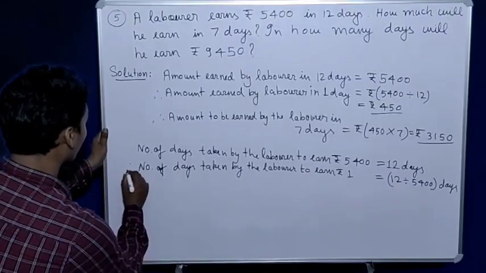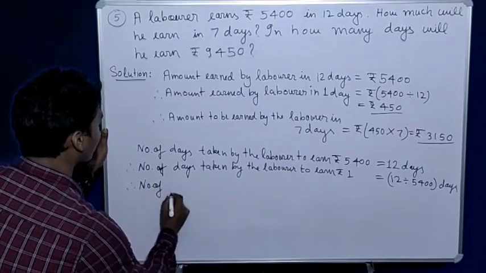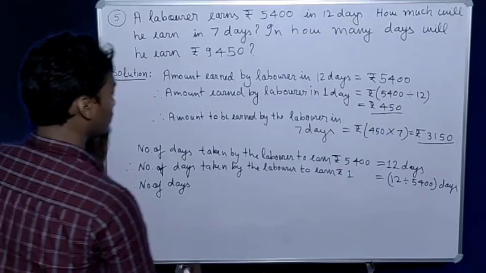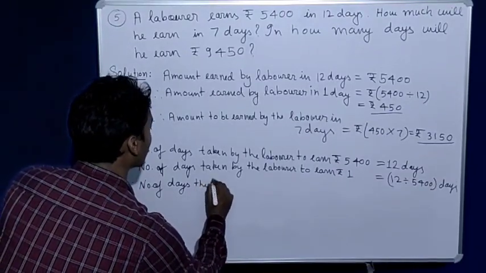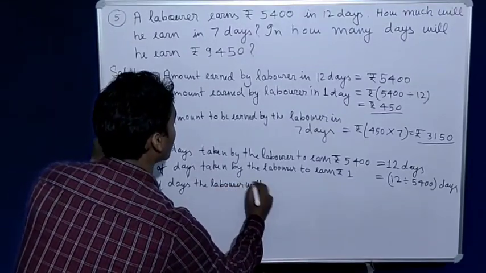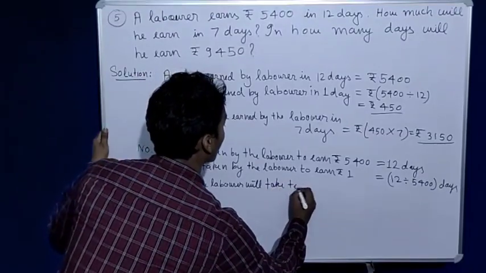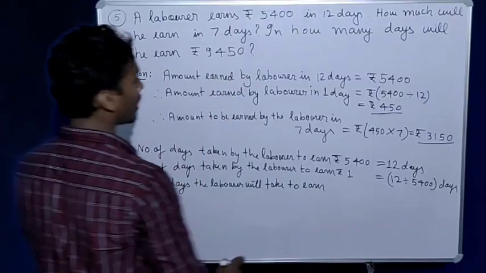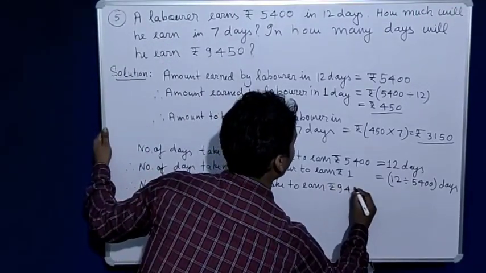So we can say now, therefore, the number of days the laborer will take to earn how much? Rupees 9,450.